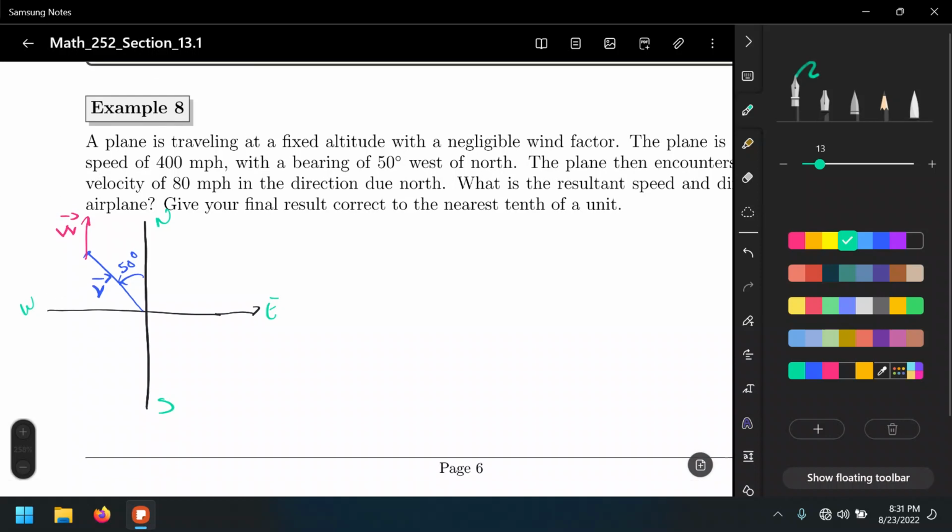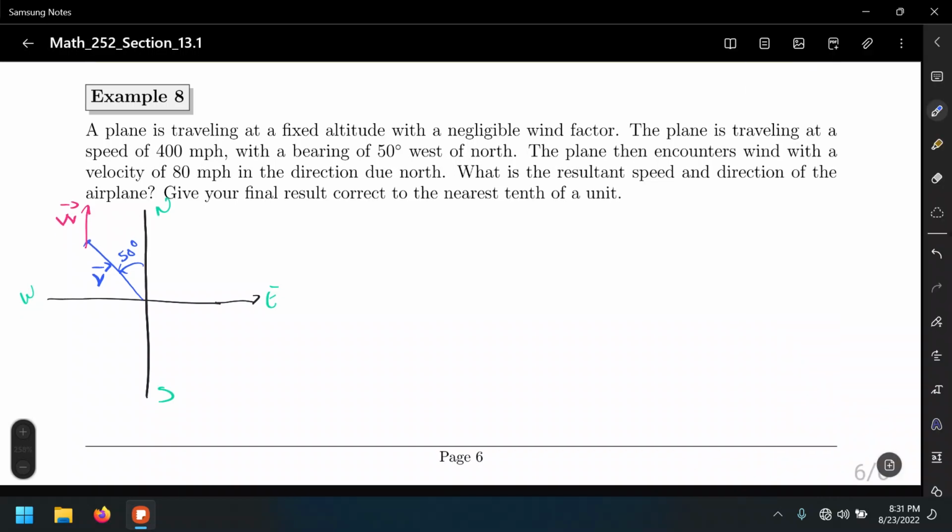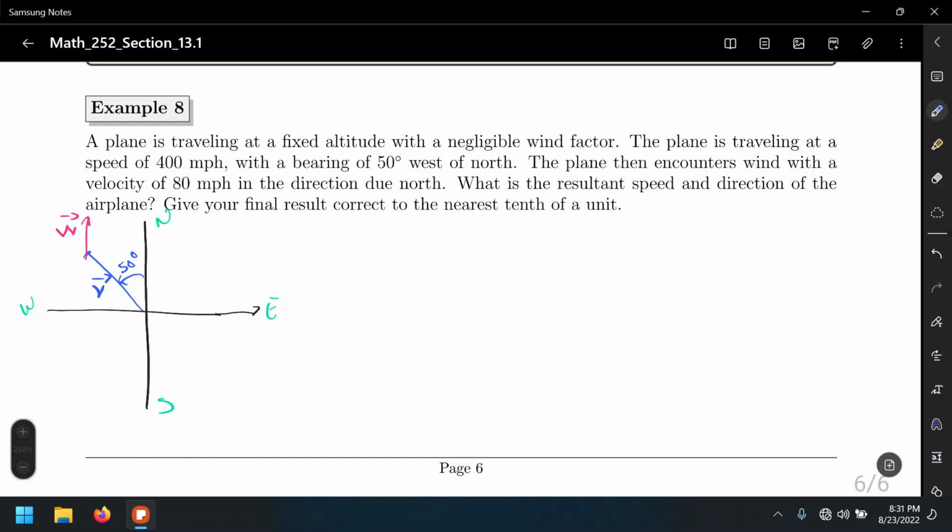We have the information. Well, actually, let's call it P instead, for the plane. So the vector P for the plane has a magnitude of 400, which is the speed of the airplane.